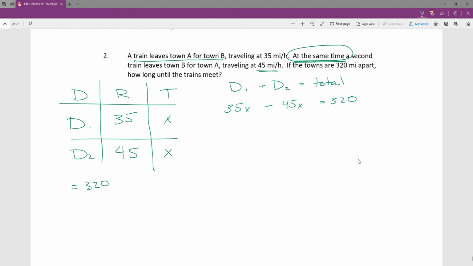If I add these together, I'd get 80x equaling 320. Divide by 80, divide by 80, and I get x equaling 4. So that means because I wasn't given a time o'clock, the best I can do is say that in 4 hours, the trains will meet.